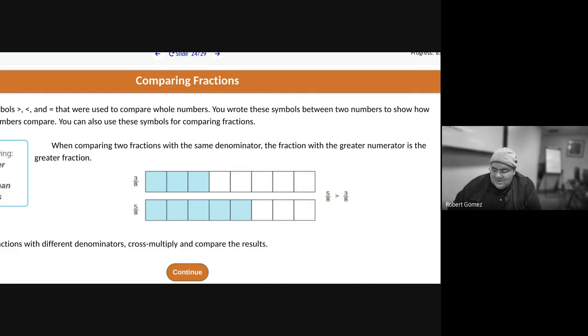Well, each ice tray has 8 spaces in it, so that's our whole, right? 8 is the maximum that we can have, so that's going to be our denominator, right? And so our ice tray is in 8 sections, 8 parts. Now, how many of those are filled with water? Well, the one on the top, only 3 parts are filled with water.